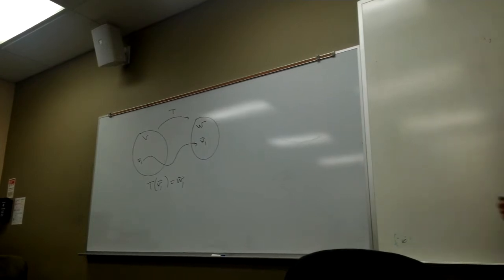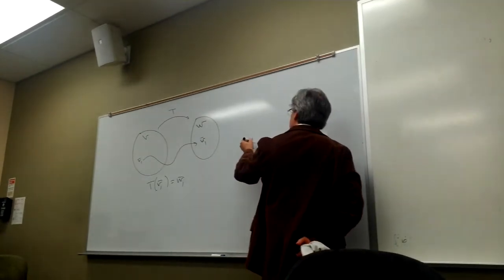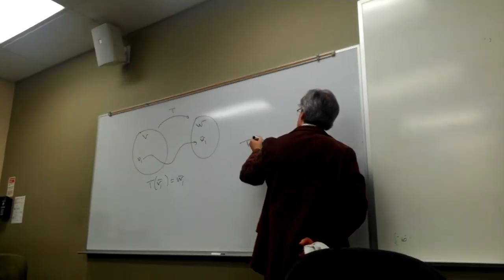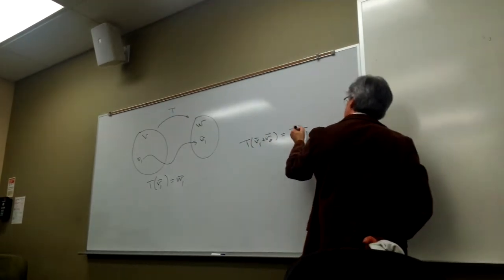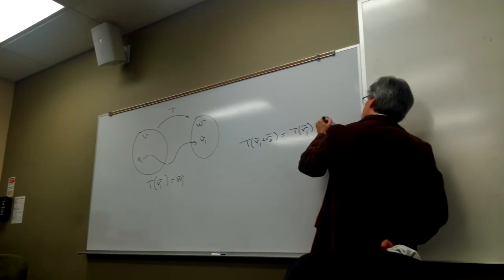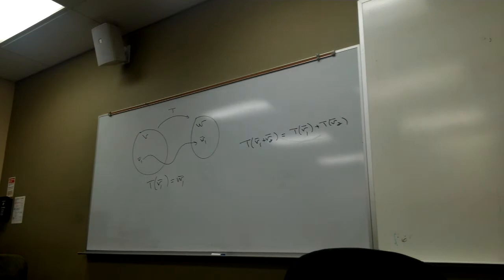I want to talk about a mapping that has a quality that as I transform the sum of two vectors, how about a v1 bar and a v2 bar, I end up getting the sum of their transformations. So the transformations I want to discuss are going to have this quality.